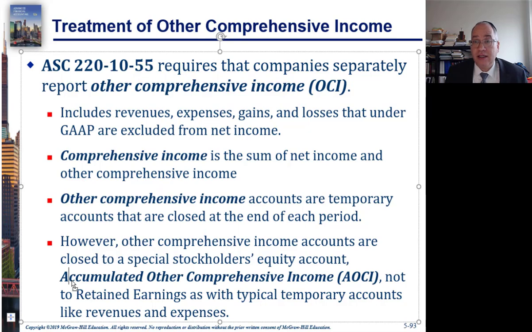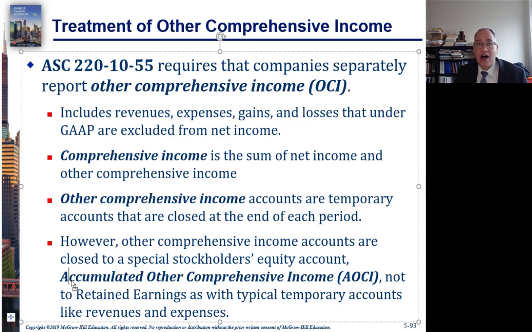and certain hedge transactions and certain foreign currency transactions also. And what happens in all these situations, for example, unrecognized gains on available for sale securities. These would be increases or decreases in market value of available for sale securities that have not yet been sold. These gains and losses would go through other comprehensive income into the account accumulated OCI on the balance sheet, and they would just sit there.